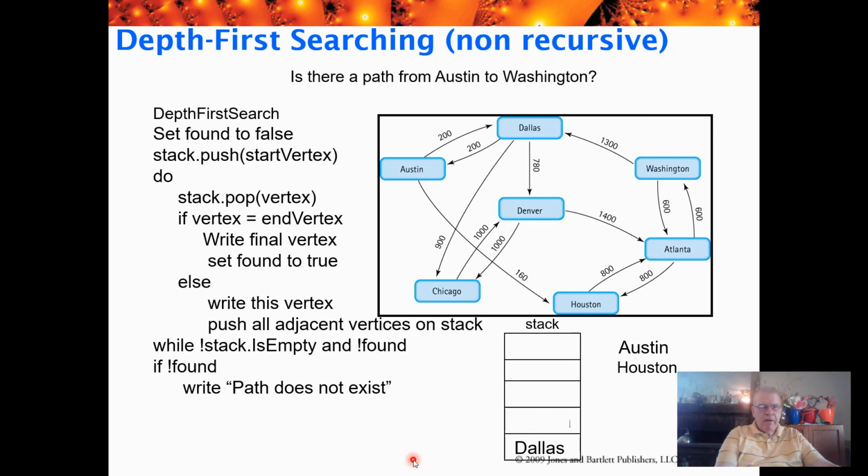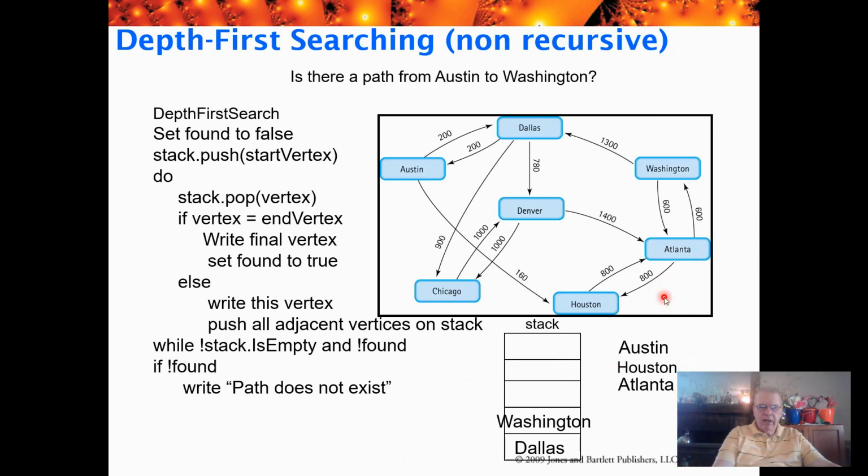Then you pop and do the same thing. So now we push the next adjacent node. From Atlanta, we might think that you would push Houston back on the stack, but you don't, because it's already been on there. It's already on this list that's written out.